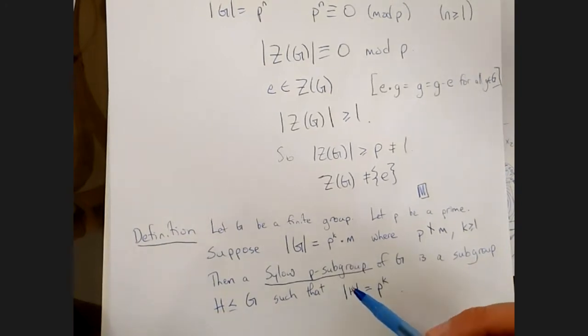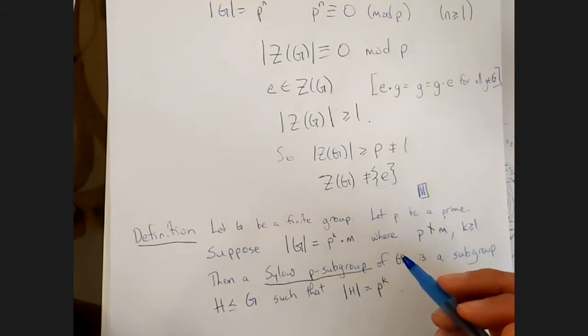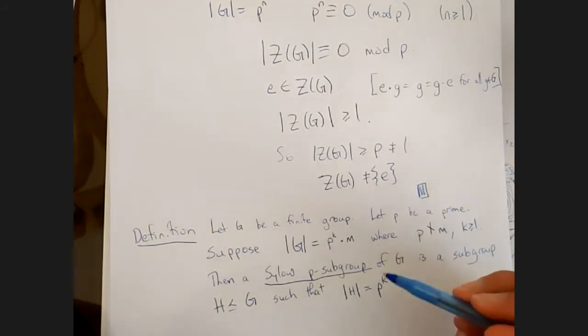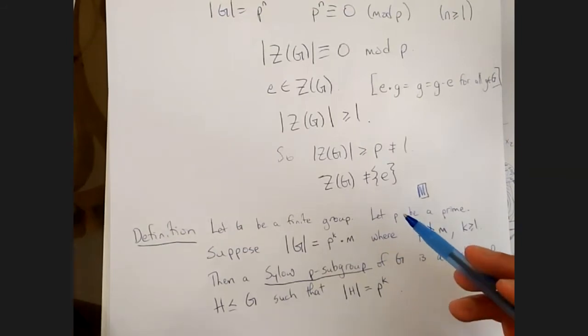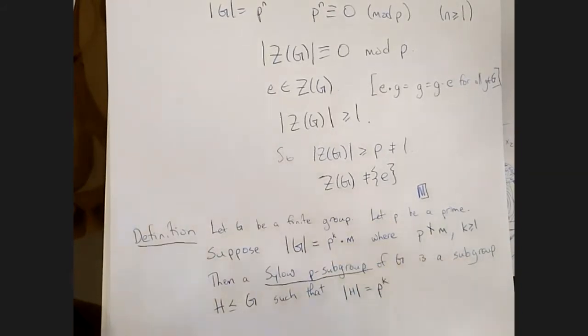Okay, so our plan now is to state and prove the Sylow theorems. The first Sylow theorem just says that a group G like this has a Sylow P subgroup.